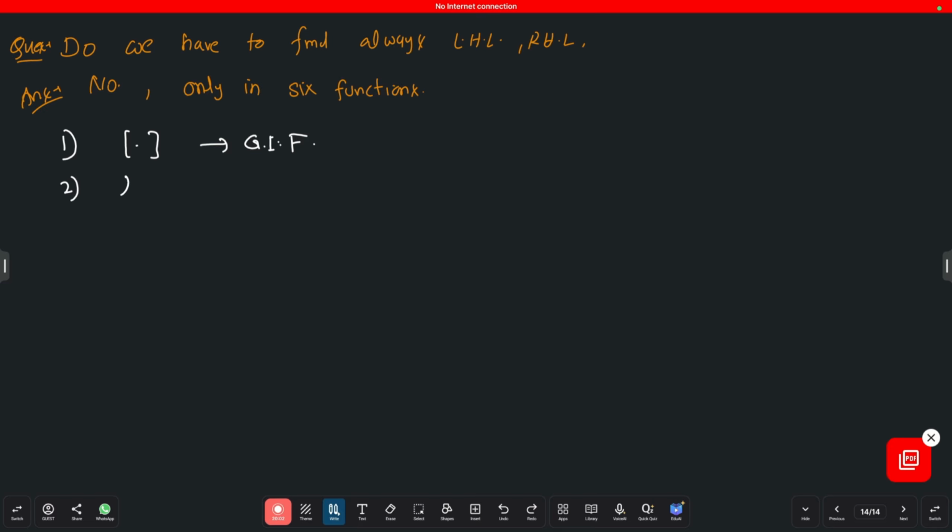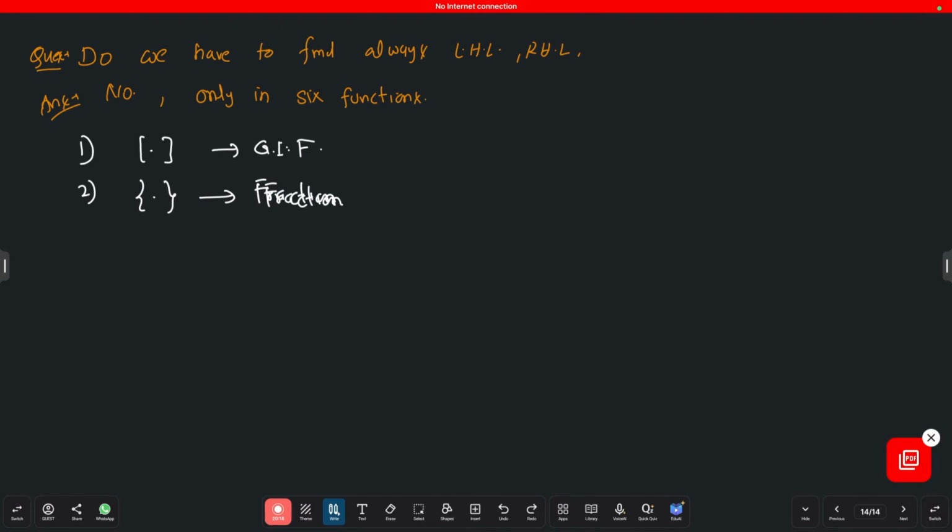Second one is this function. Do you know this? Not signum. It's not signum. Fractional part function. Here explanation is not required, only you need to know.